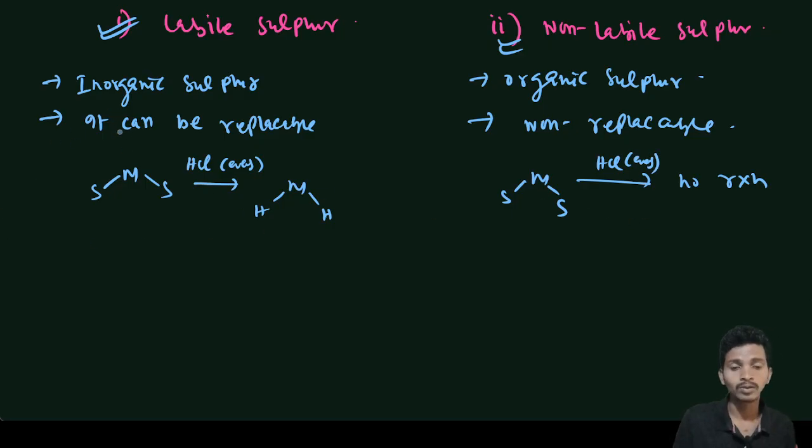So there are two types of sulfur: labile sulfur, which is inorganic, and non-labile sulfur, which is organic.